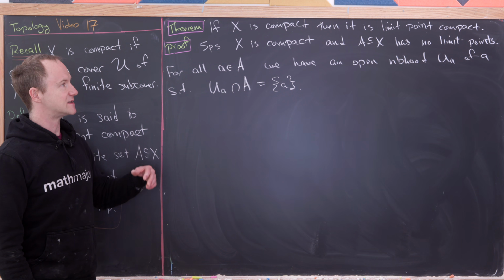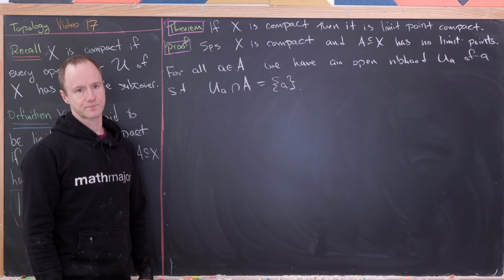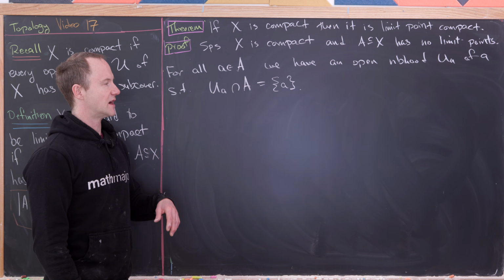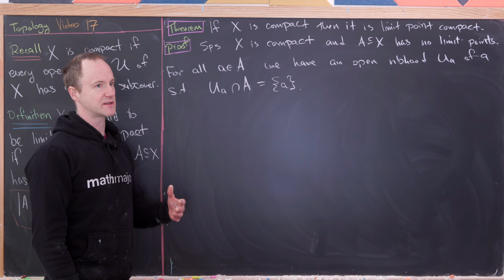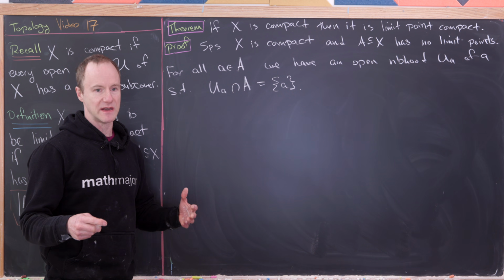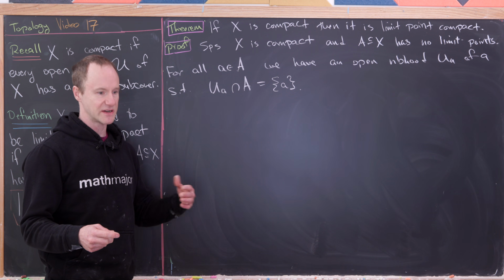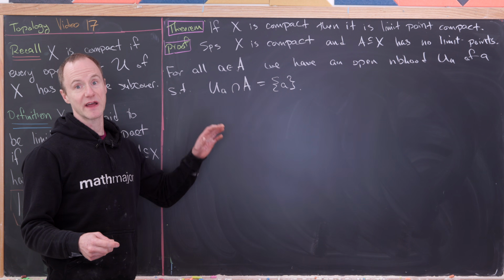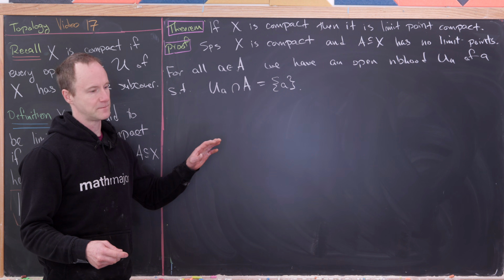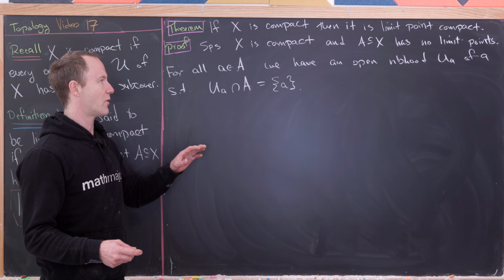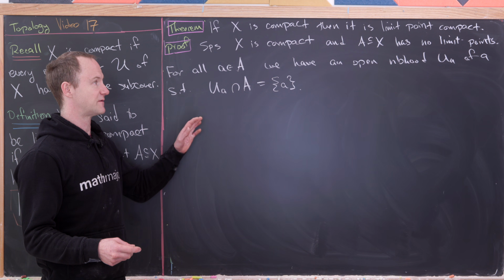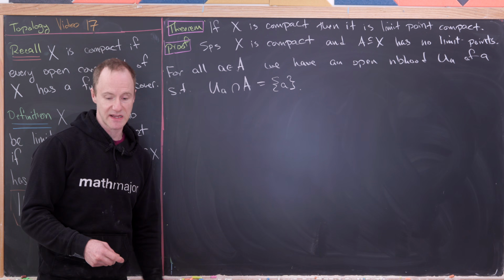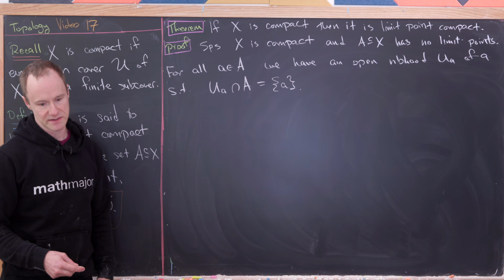Well, this is because A has no limit points. Let's recall that a limit point is something so that every open neighborhood of that limit point intersects the original set in another place other than the limit point. But if there are no limit points, then it should be possible to find an open neighborhood for everything inside of A that intersects A in a single point.